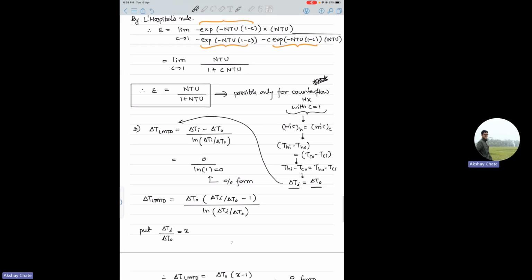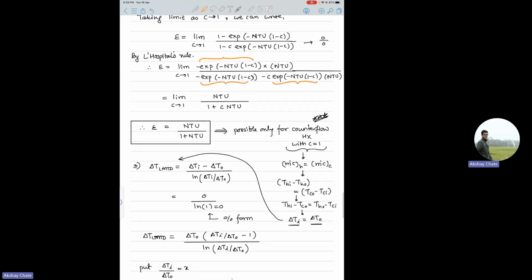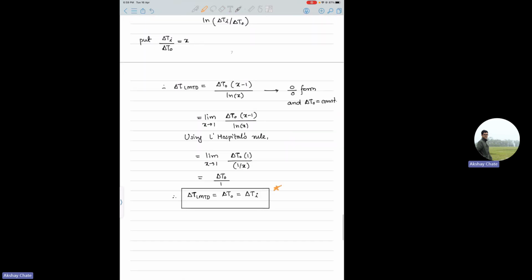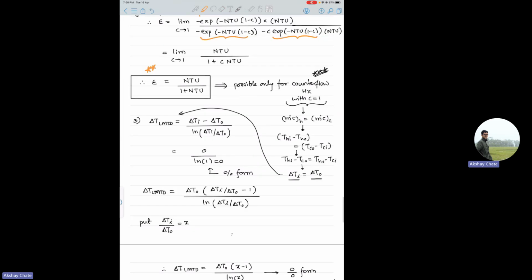So for balanced heat exchangers, you need to keep in mind two things. One is that its effectiveness formula is different, or it is calculated after using limits, and also its LMTD formula is simplified.